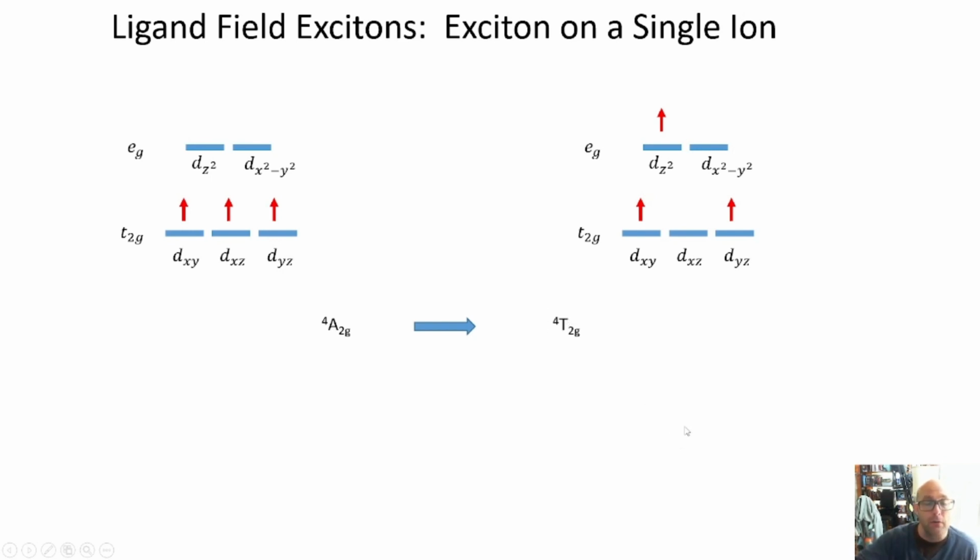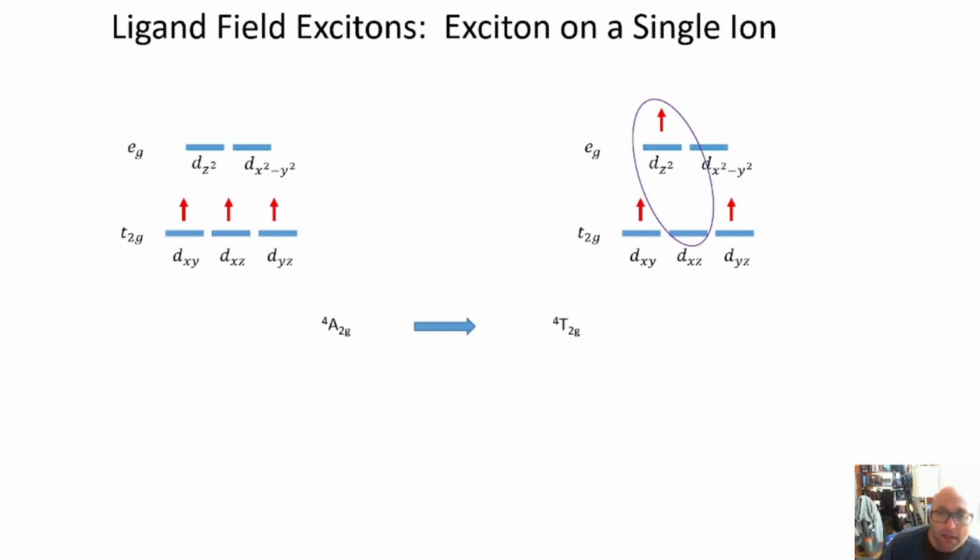There are other configurations associated with these d electrons, but they are spin forbidden, and so they're not very important in terms of the optical absorption. But they are important in terms of the overall optical properties, and we'll say a few more words about that in a minute, and also maybe in a future lecture.